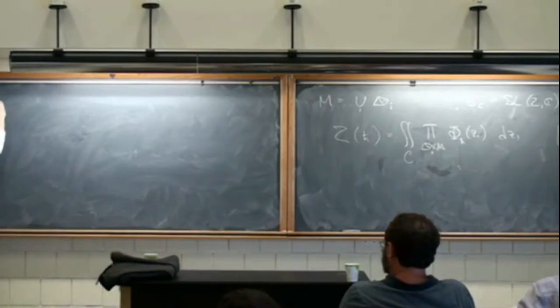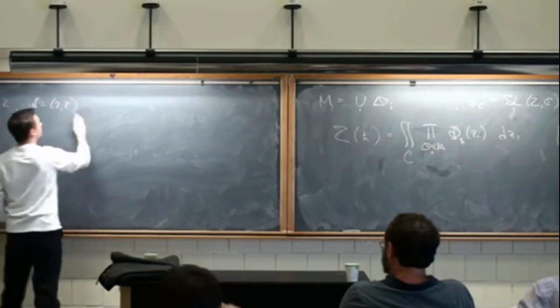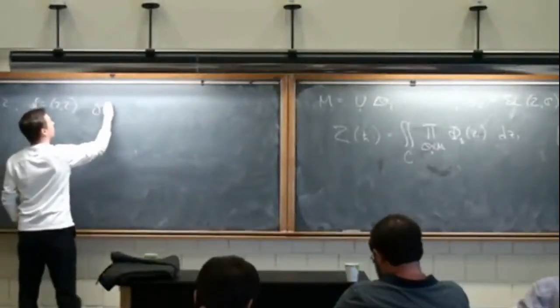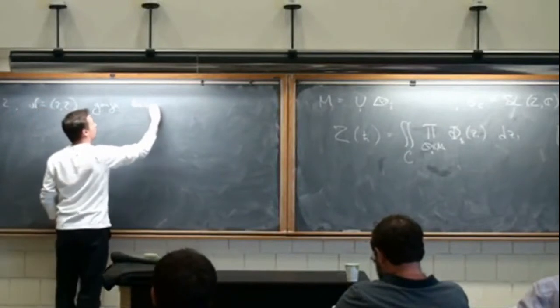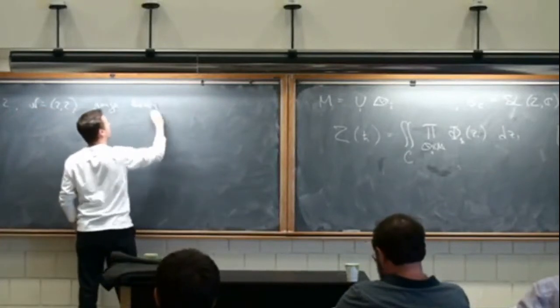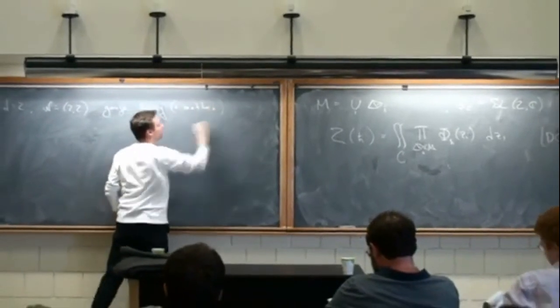Namely, the 2d N=(2,2) theory plus various vector fields.